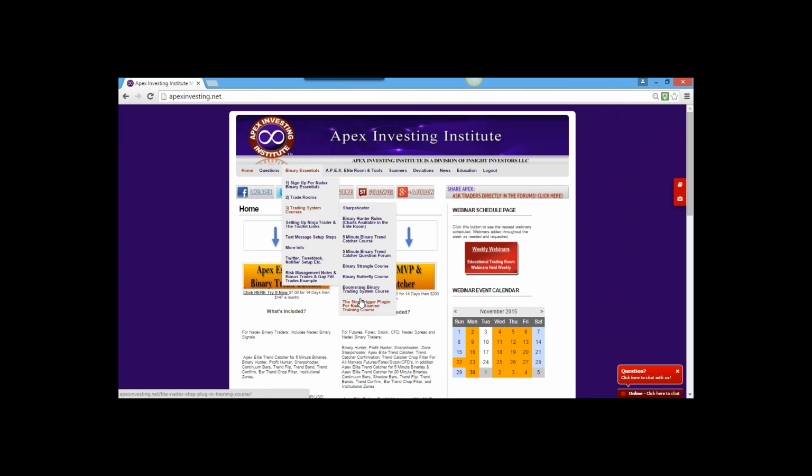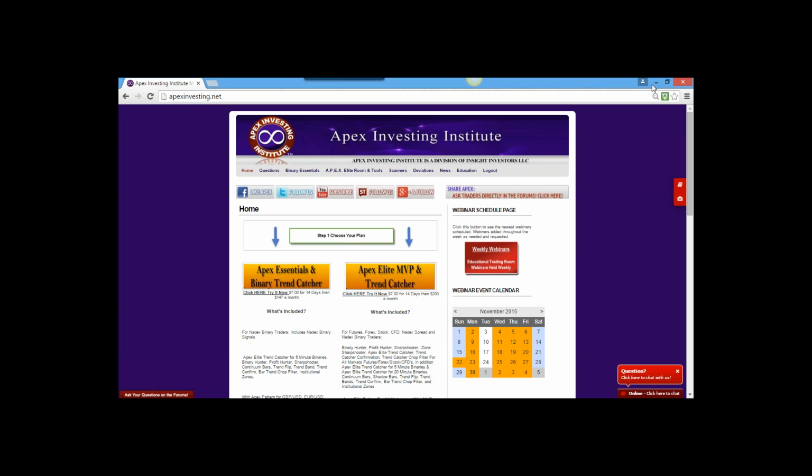All these different ones go through step-by-step courses on how we use indicators and charts and what we're looking for before we enter and exit on binaries. Right there on our website is where you get some free education on how we trade them, what charts we use, and what indicators we use to show us an entry. So check that out for binaries.